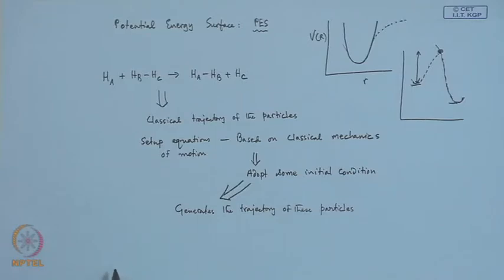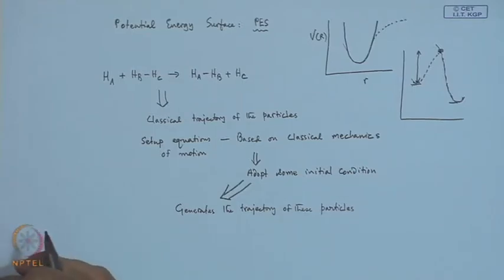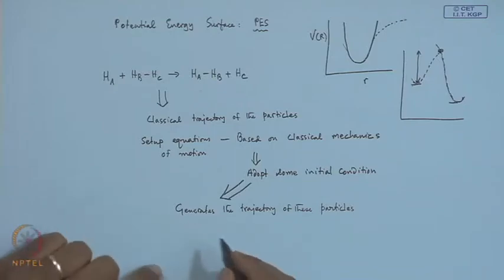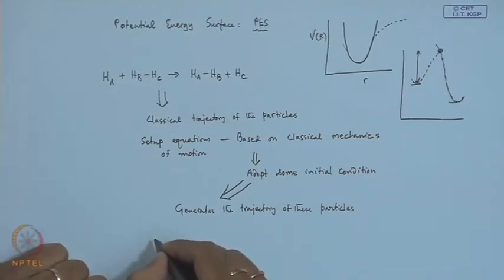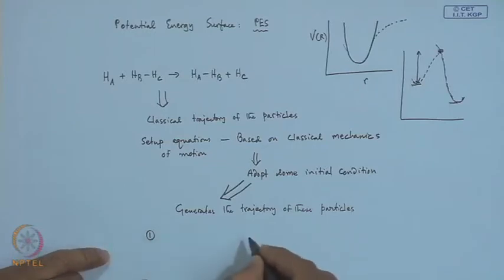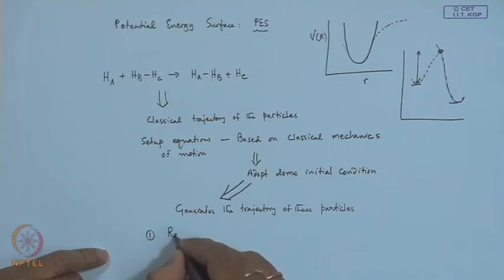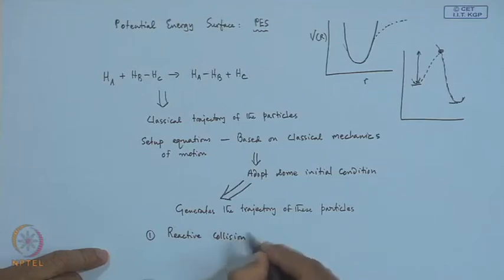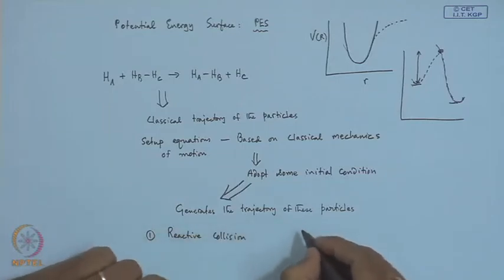Now, you may have two options. One is reactive collision, another is inelastic collision. In one case the trajectories correspond to a reactive collision that will lead to the chemical reaction, or maybe an inelastic collision.